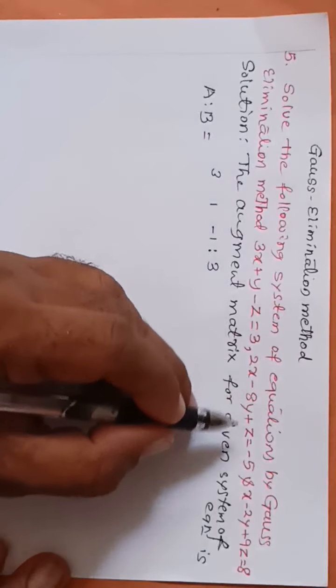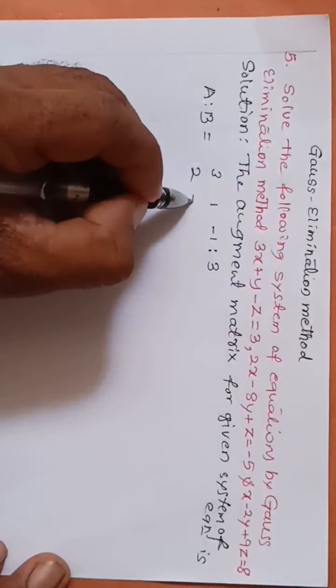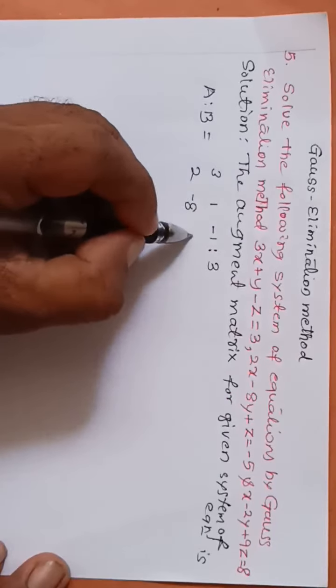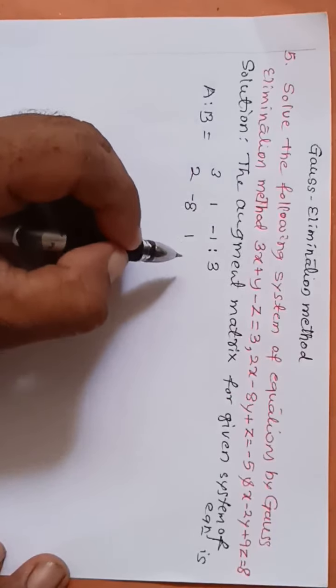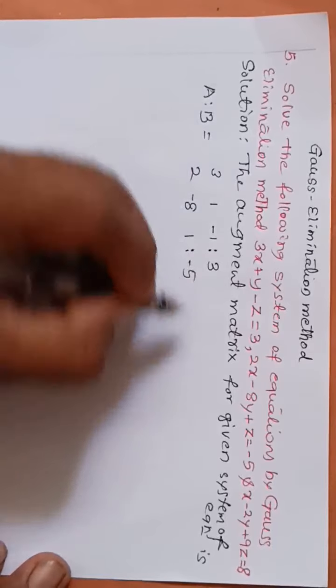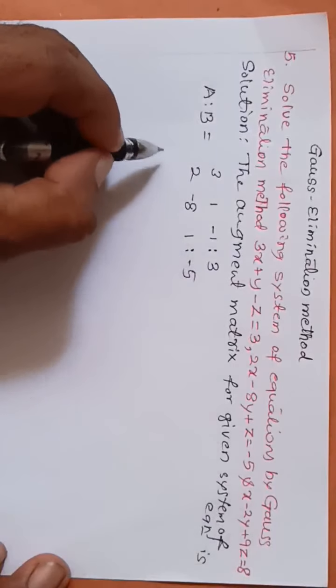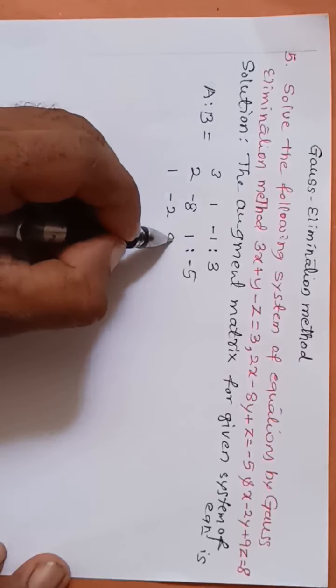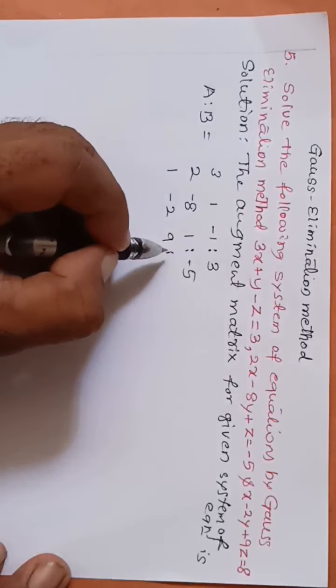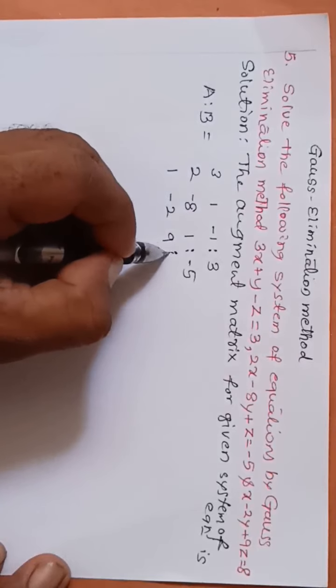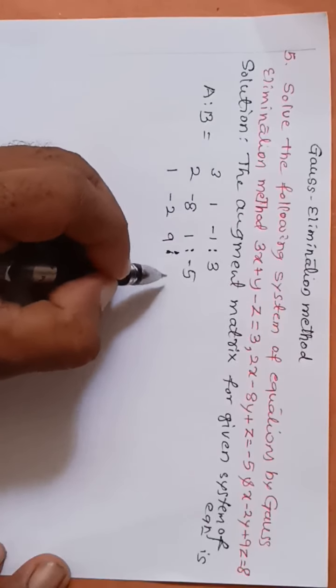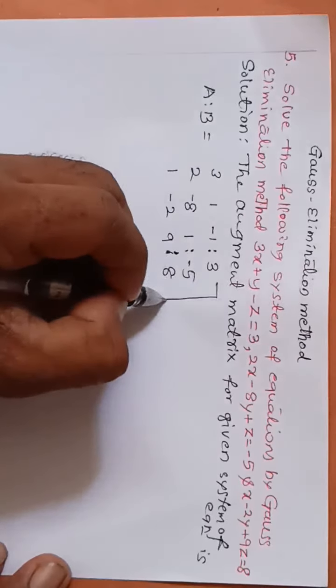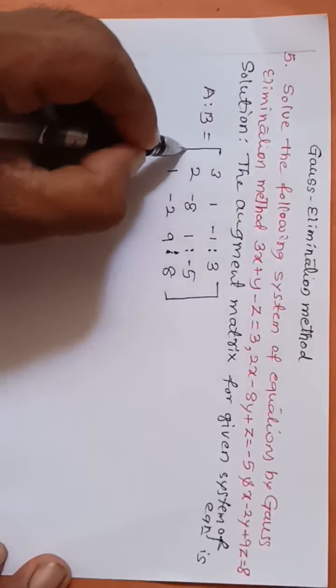Next, 2, minus 8, 1, and minus 5. The third equation gives 1, minus 2, 9, 8. This is the augmented matrix.